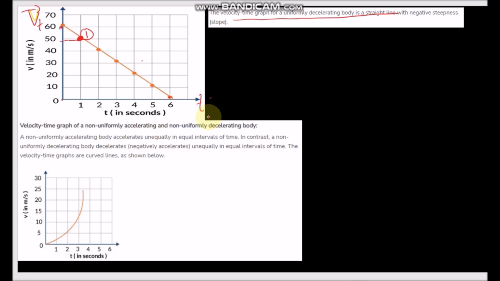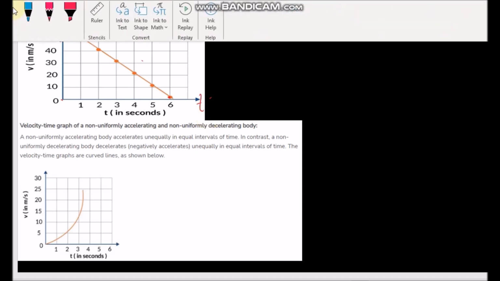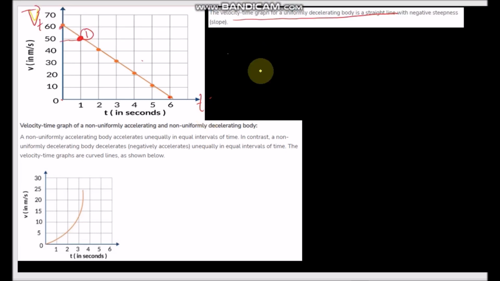The acceleration at point 1 is the change in v over the change in time, which is given by v final minus v initial over t final minus t initial.